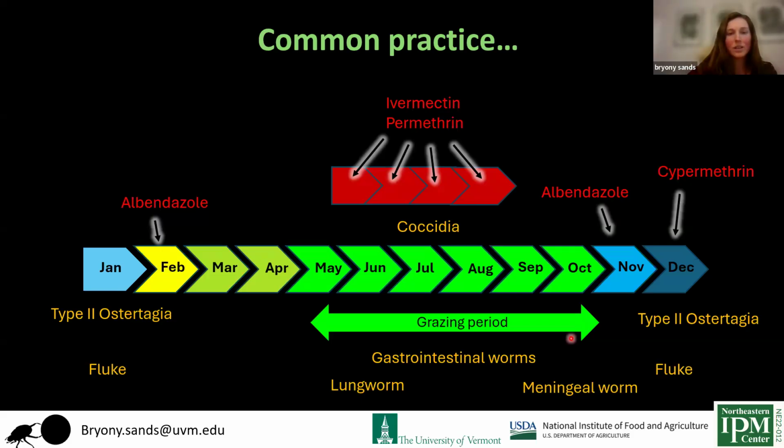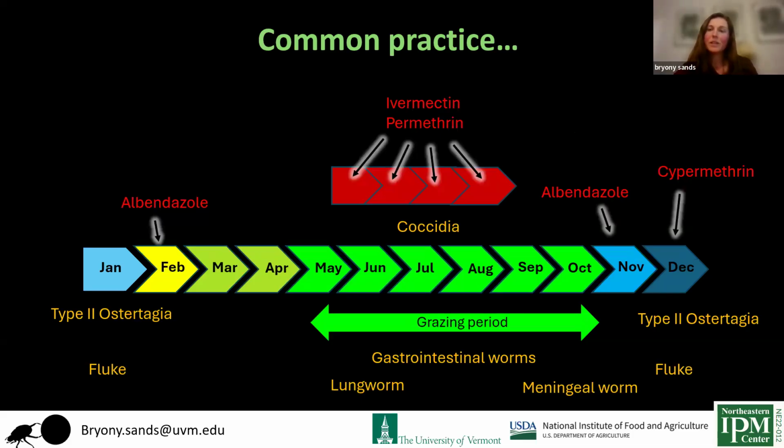I've put all of these different internal parasites that we went through and when they could be popping up over the year. And these treatments are what might be given preventatively, just based on thinking that we may expect to see problems and we want to prevent that before it happens. And generally, this would be treating the whole herd with these treatments.